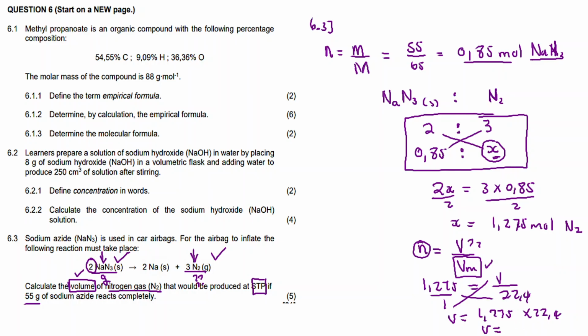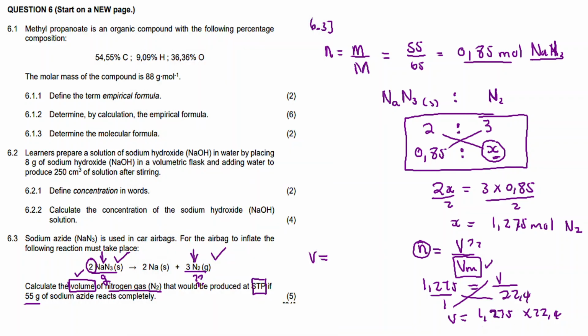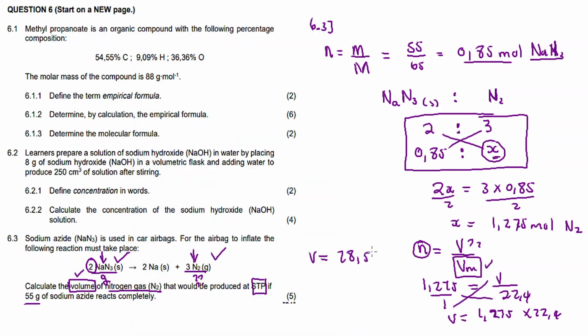Volume is equal to 1.275 multiplied by 22.4, which is equal to 28.56 cubic decimeters. This is our answer.